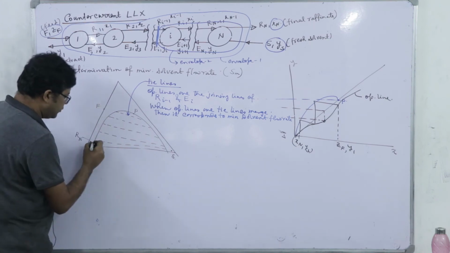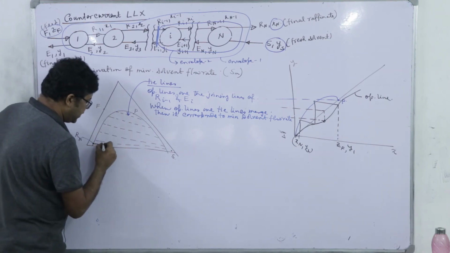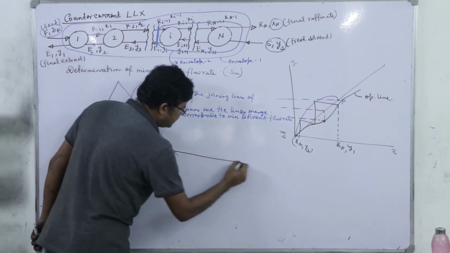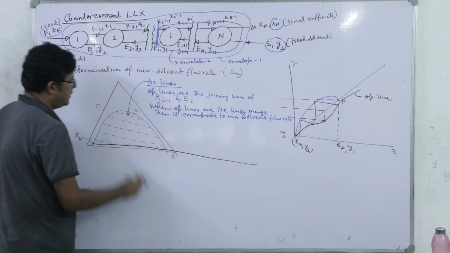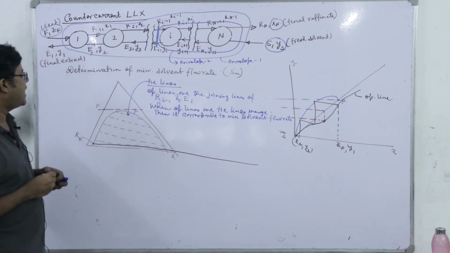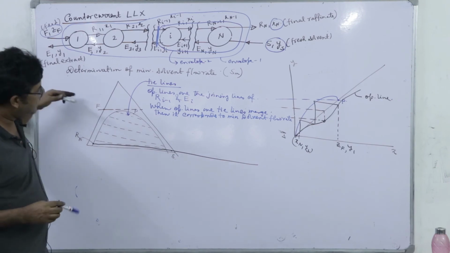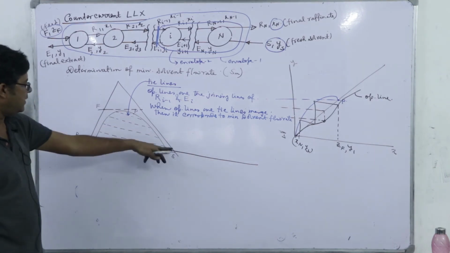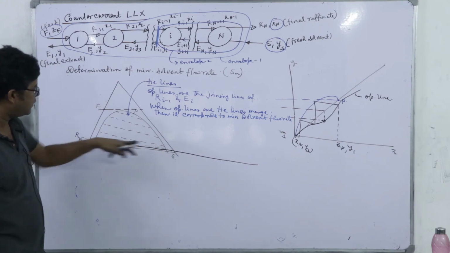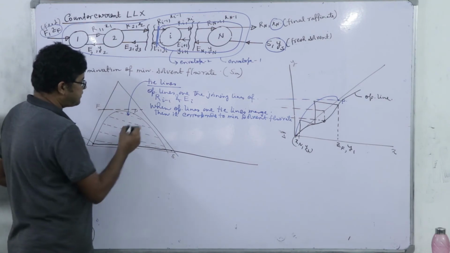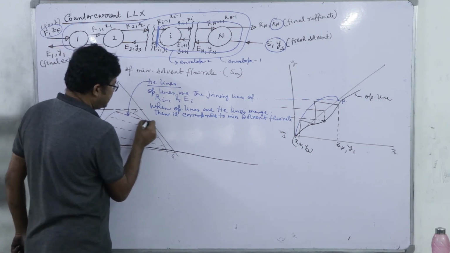So, what we have to do? We will join and extend this R_N P and point S like this, and below this point F, whatever tie lines we have, we have to extend all the tie lines such that they intersect on the joining line of R_N P and S. What is that? Like this.